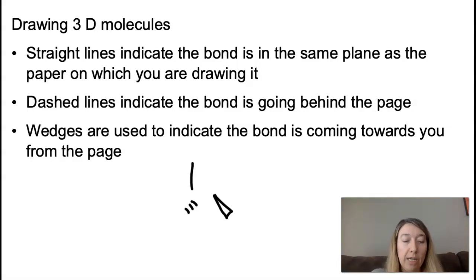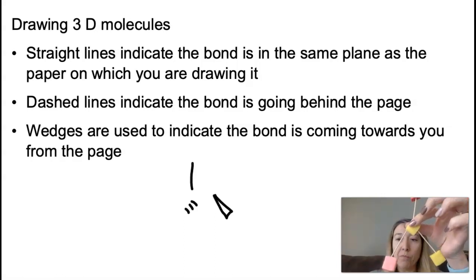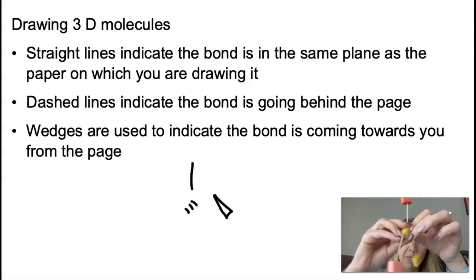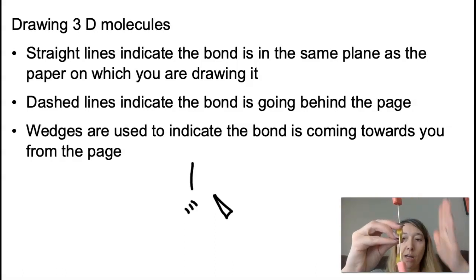And then what did we look at next? The trigonal planar. So we kind of have that more triangle type shape going on. Not that this is the best because square-sided candy doesn't always do 3D shapes great. But it's considered planar because if I rotate it this way, they all line up. They're all in the same plane.